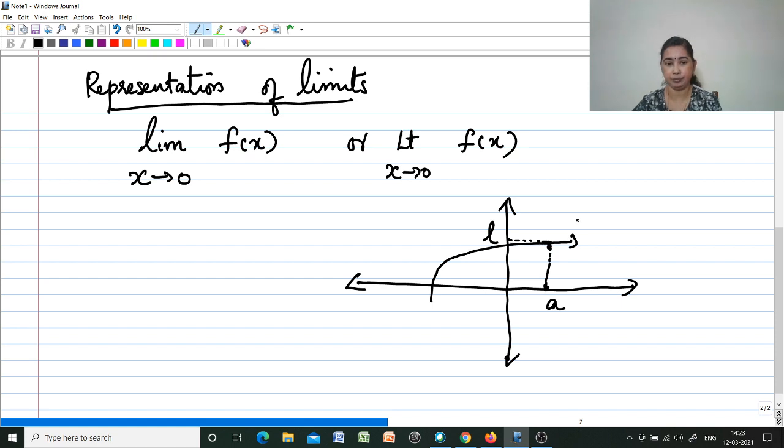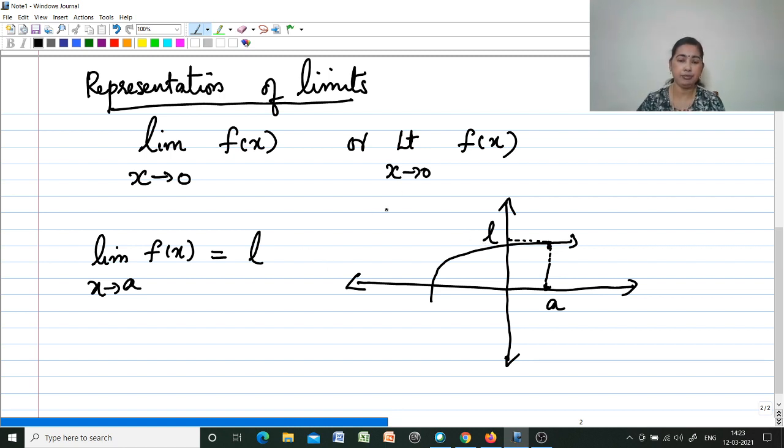That's L. So limit x tends to a, this is a graph of some particular function. When x is tending to a particular value, what is the value of f of x? We call that L. So this is called the limit.